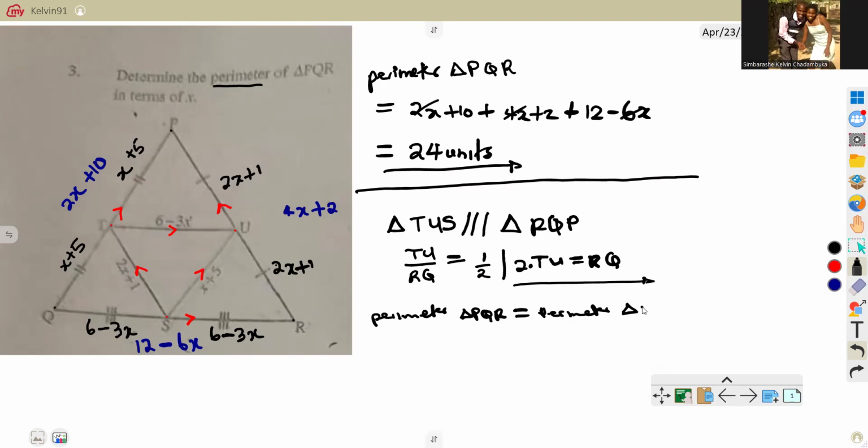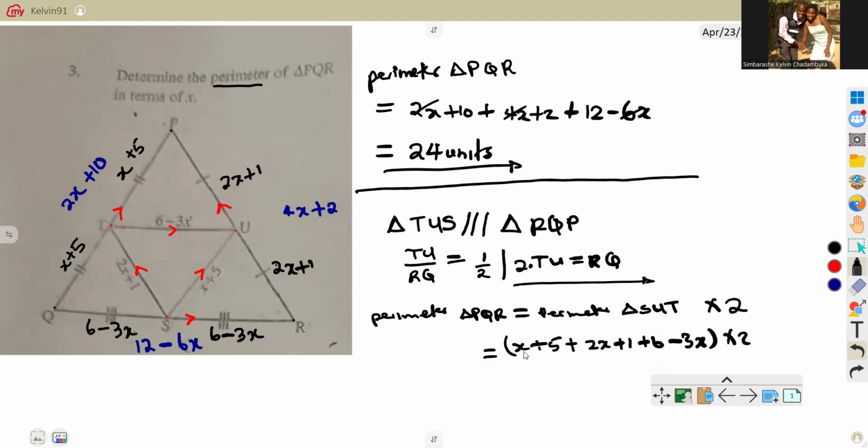Let's follow the order: SUT multiplied by 2. So what's the perimeter of SUT? It's x plus 5 plus 2x plus 1 plus 6 minus 3x. Then this whole thing multiplied by 2.